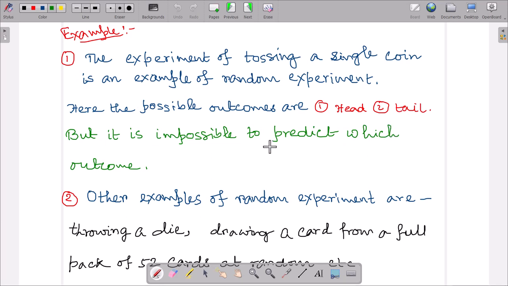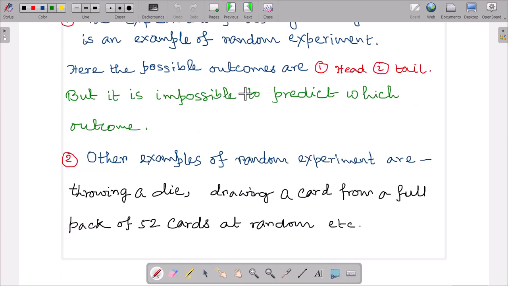So that's why this experiment is called random experiment. Similarly, other examples of random experiment are throwing a die, drawing a card from a full pack of 52 cards at random, etc.